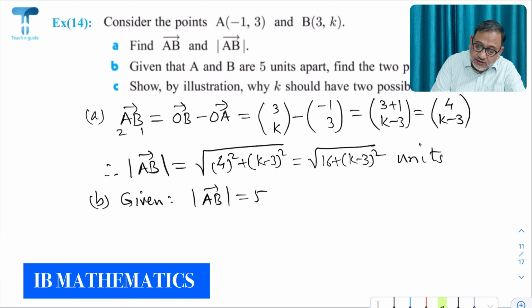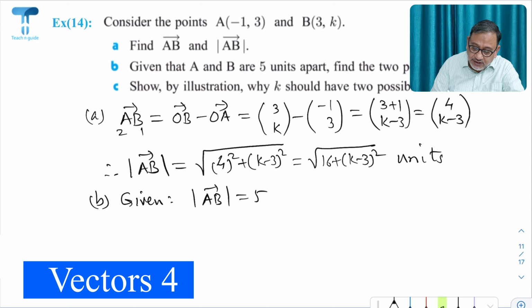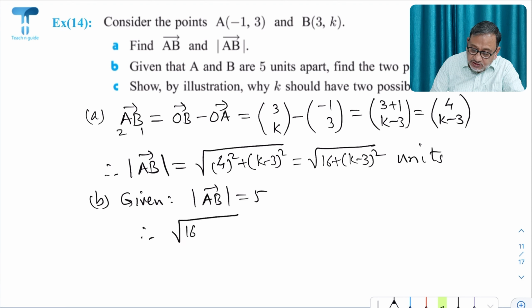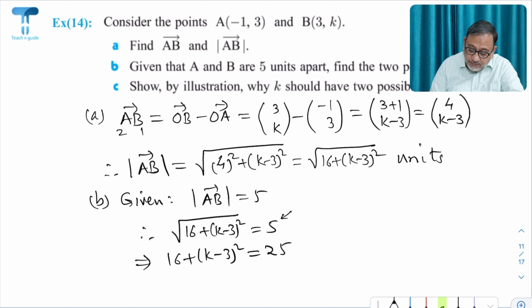So we are going to get two possible values because there is a bracket squared. So therefore square root of 16 plus (k minus 3) squared is equal to 5. When we square both sides, it will be 16 plus (k minus 3) squared is 25. And then 16 will go there.